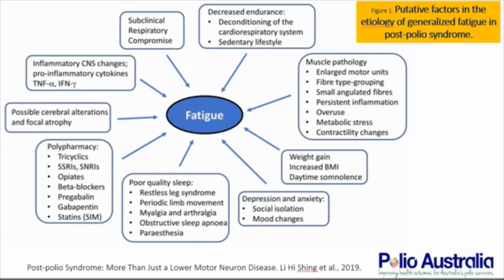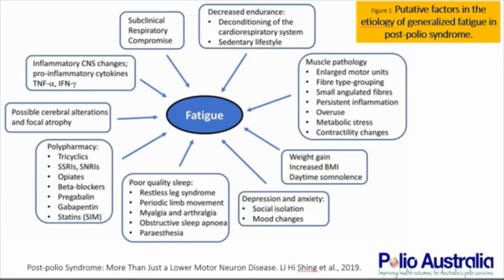Current understanding suggests the etiology of fatigue lies in the overuse or overwork of polio-damaged nerves and muscles. Can be categorized in two forms: general fatigue, which is that central, overwhelming exhaustion with flu-like aching, and then muscle fatigue, which is a peripheral fatigue, more related to strength upon exertion.